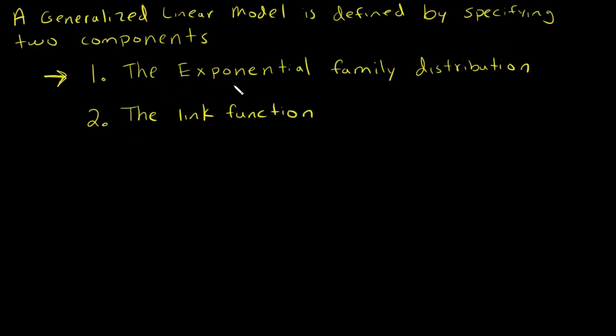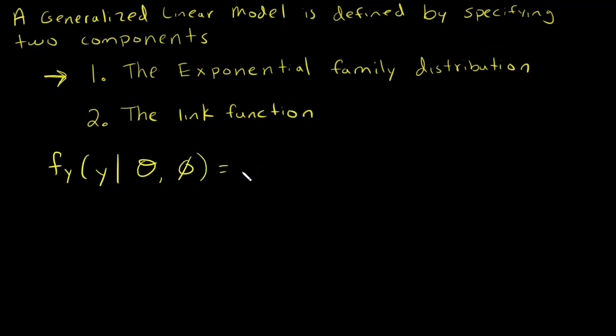So what is the exponential family distribution? It looks like this. We have our function for the distribution of y given theta and phi.